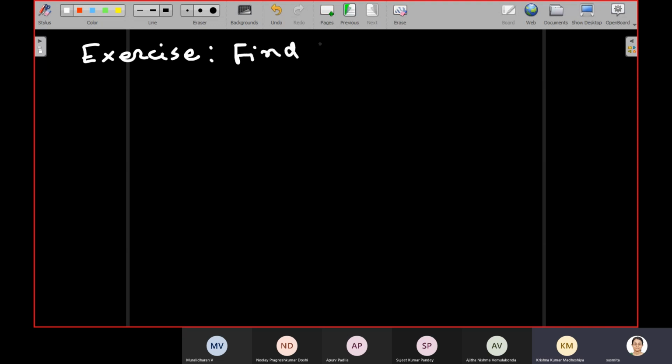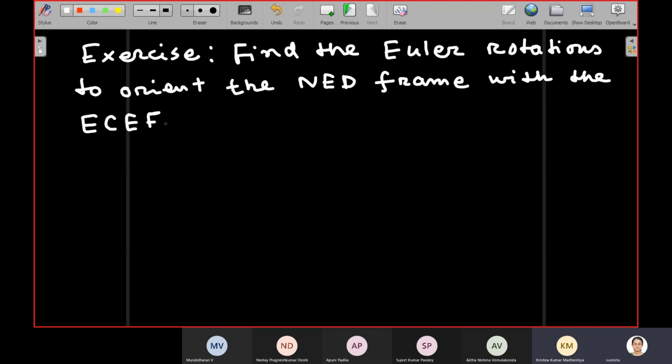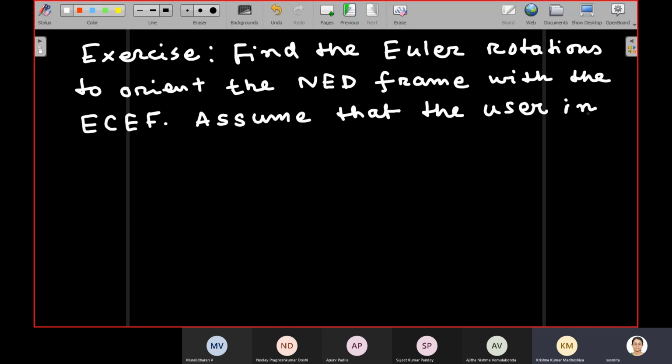Find the Euler rotations. Assume that the user is in the northern hemisphere.